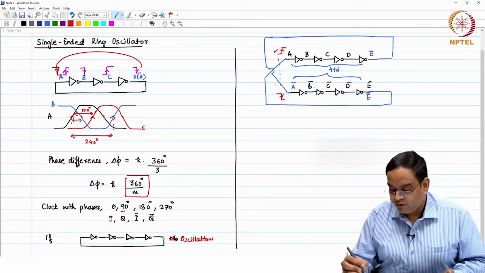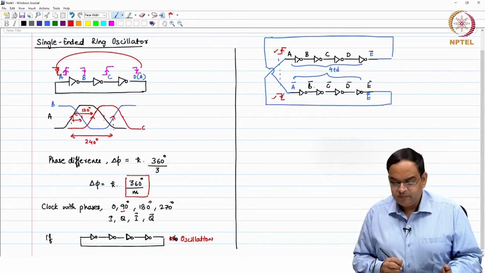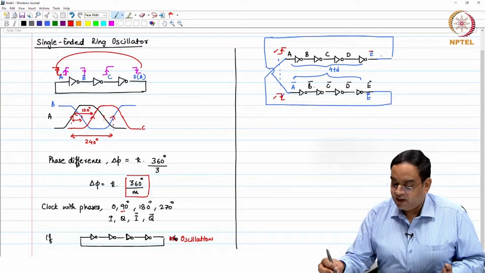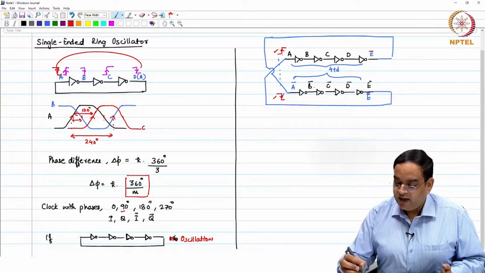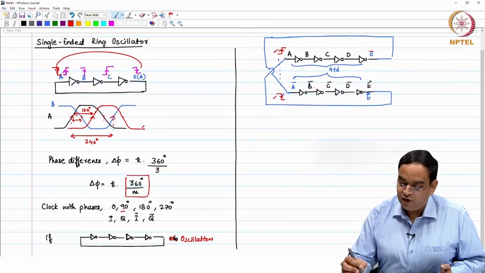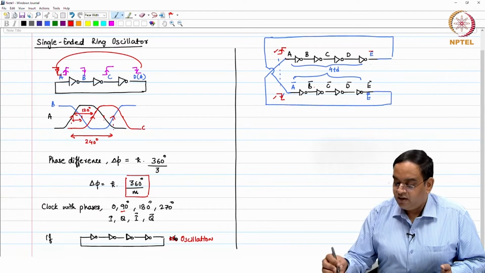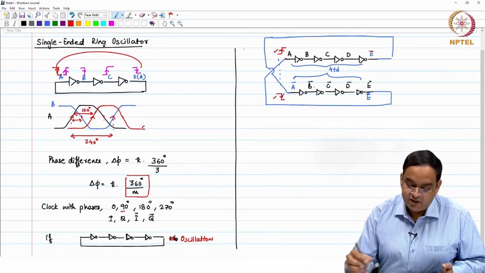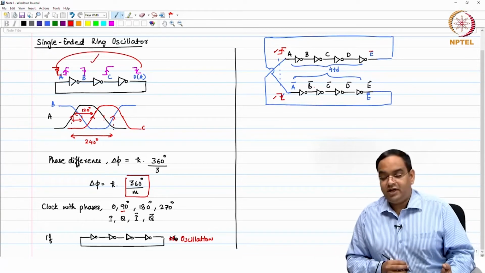If I can enforce this relationship, then very well I can connect it in this manner, and when you apply a rising edge after delay 4 TD, you get a falling edge here, and then when you have a falling edge at input A, then after again delay 4 TD, you will get a rising edge. So, it will become similar to what you have here.